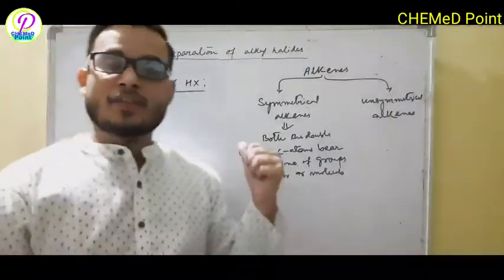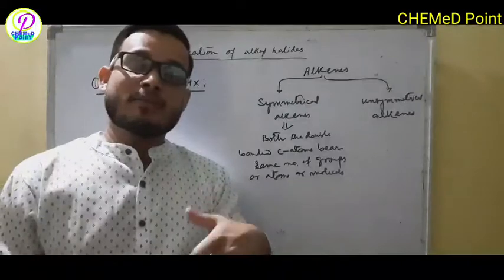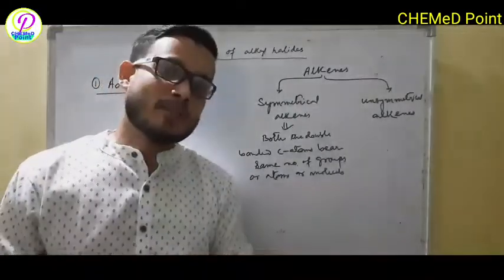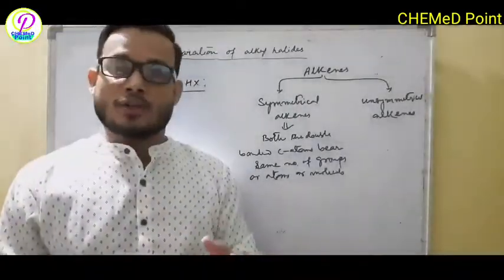Symmetrical alkenes: in symmetrical alkenes, both the double bonded carbons have the same number of groups or atoms or molecules.